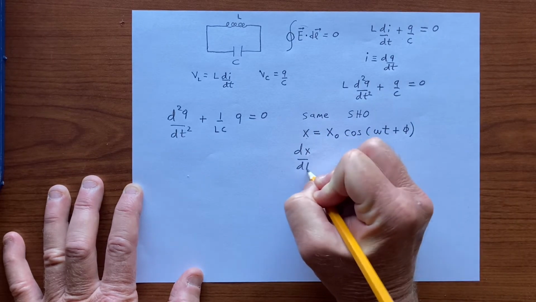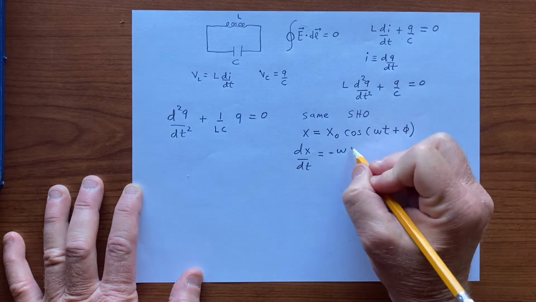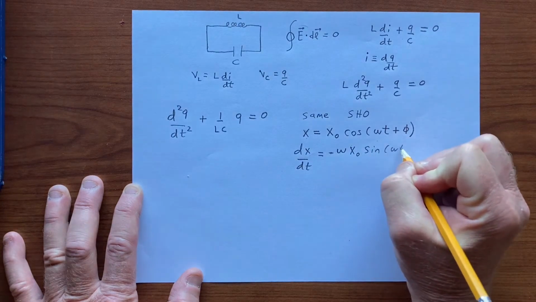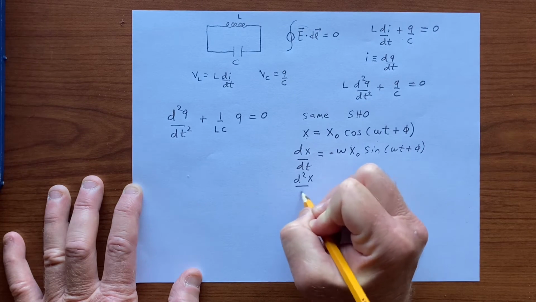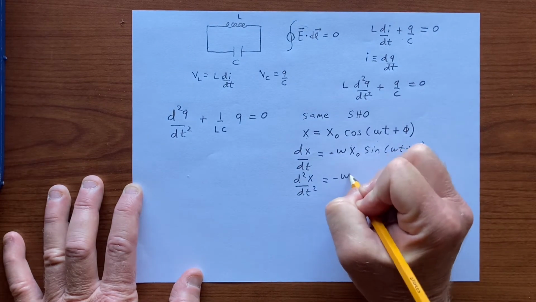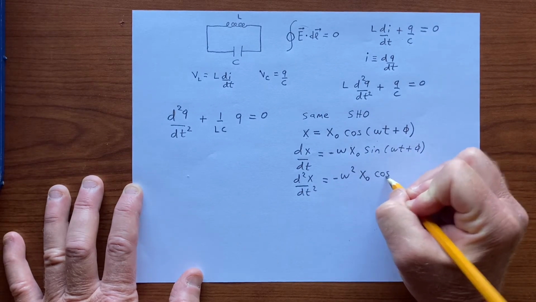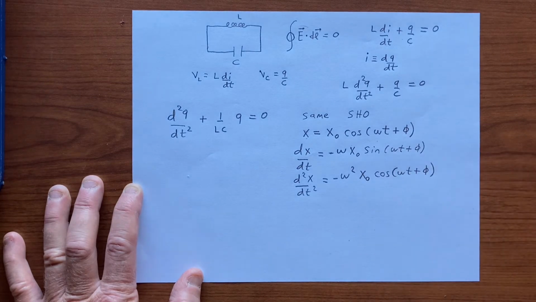So dx by dt is equal to minus omega times the amplitude x naught times the sine of omega t plus phi, and the second time derivative gives us the same quantity back, but with a minus omega squared x naught cosine of omega t plus phi.